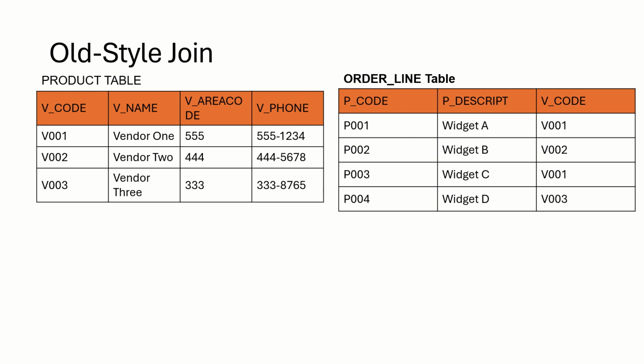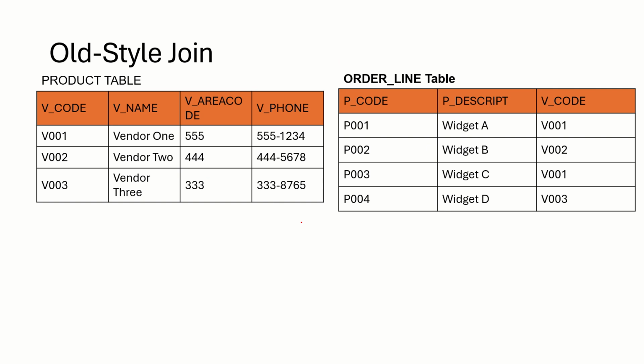Right now we have two styles which can be used at the same time. The old style is the way we can still combine two tables together. So this is a two-table example. One table is about product, another table is about order.